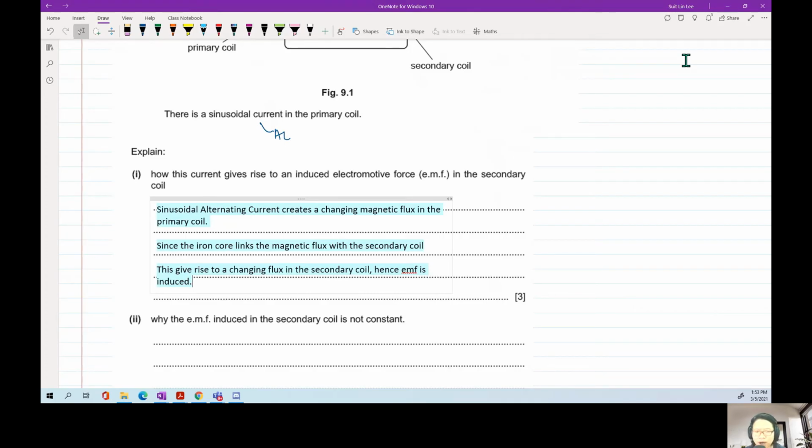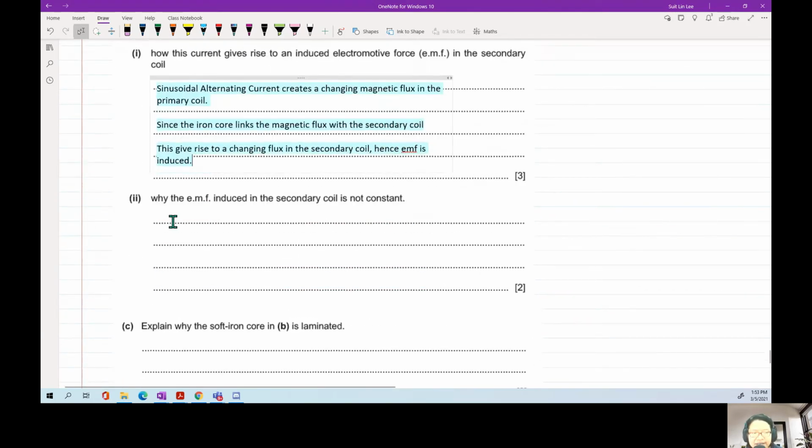Okay. Why is the EMF not constant? Because the rate of change is not constant, no? The rate of change of the sinusoidal AC is not constant.